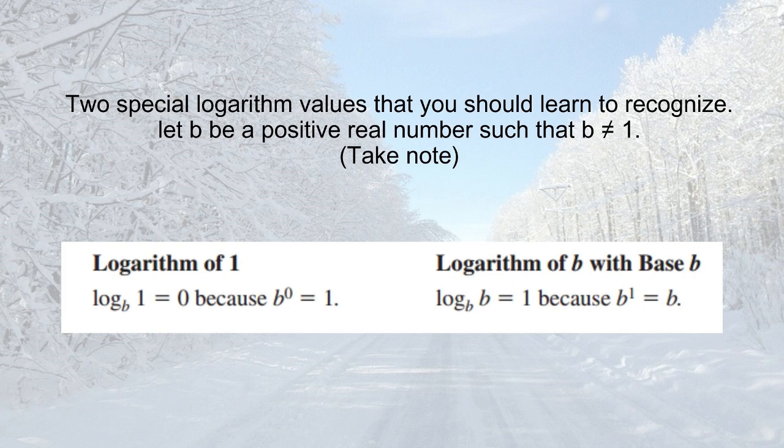And then the second one, logarithm of b with base b, meaning log b with the base b is equal to 1, because b to the exponent of 1 is equal to b.